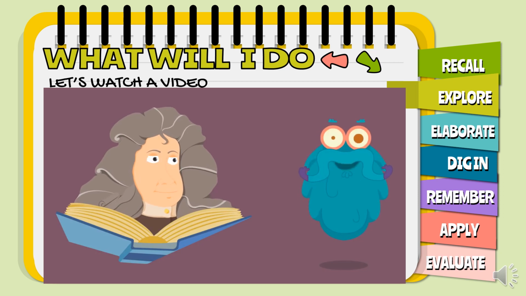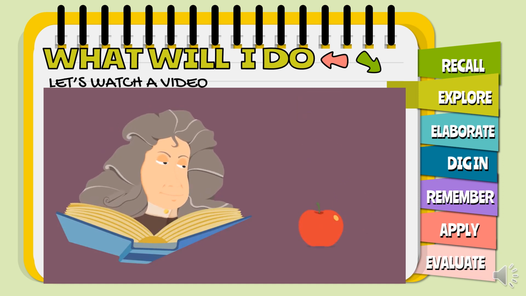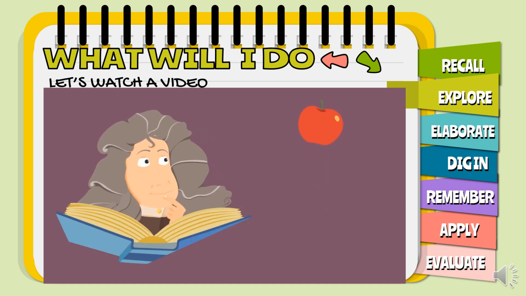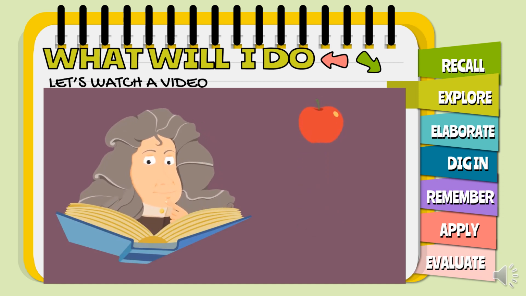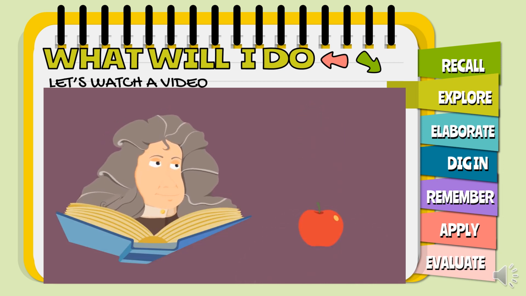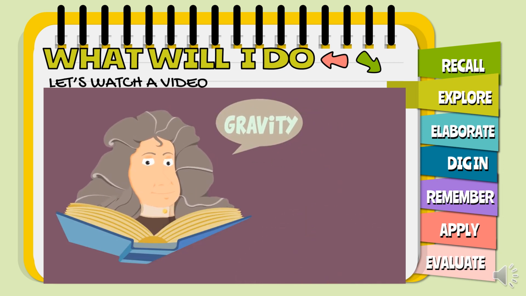The story is that Newton saw an apple fall from a tree towards the ground. At first he thought, why didn't the apple go up? Then he realized that there was a force that made it fall on the ground, and he called it gravity.